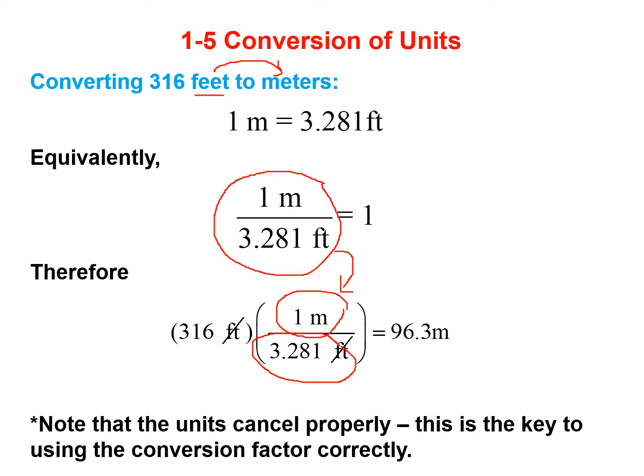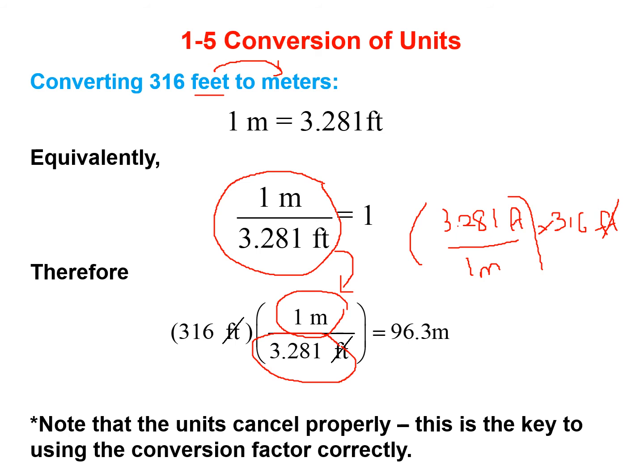If you want to cancel out feet, you should put 3.281 feet at the bottom of the conversion. Otherwise, like this one, 3.281 feet at the top and the meter down here, if you times it with 316 feet, it cannot cancel out.